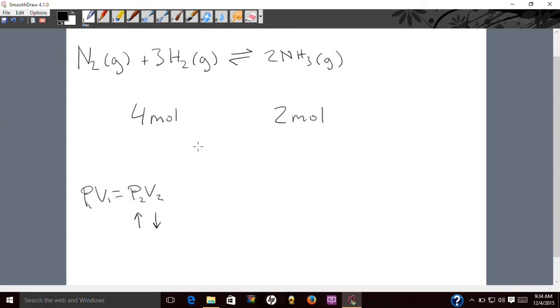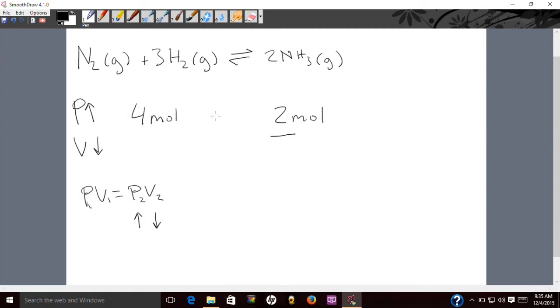Now, if there is an increase in pressure, if my pressure is increased, then the equilibrium will shift towards the side with fewer moles of gas particles because my volume is going down. So my equilibrium will shift towards the smaller number.